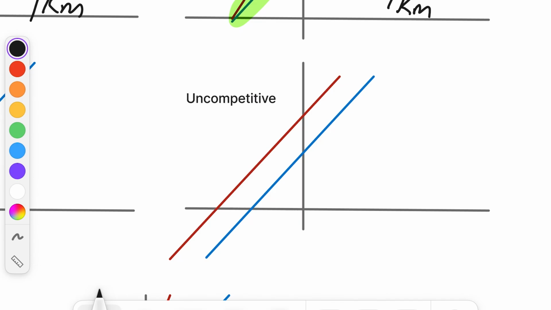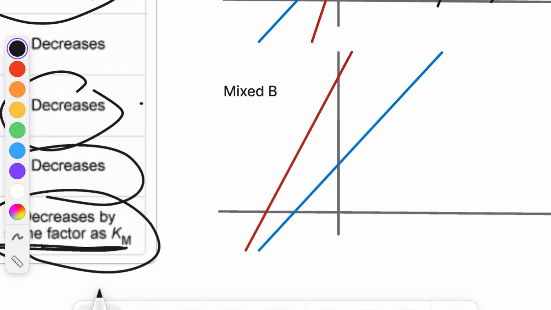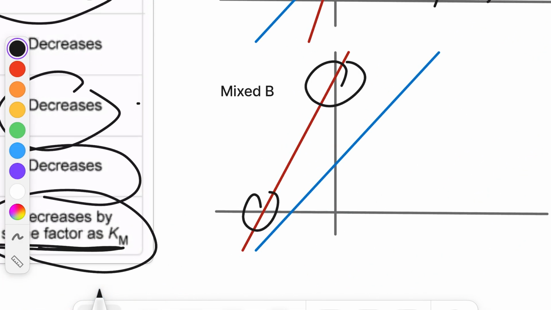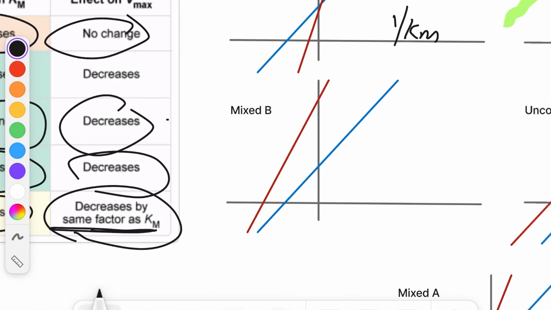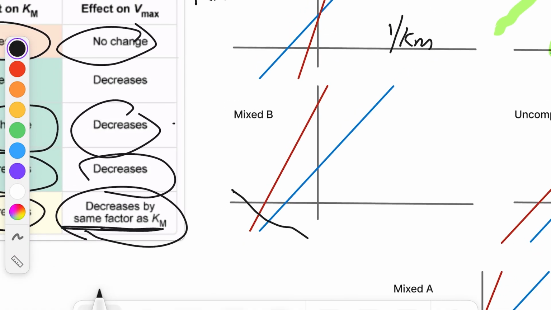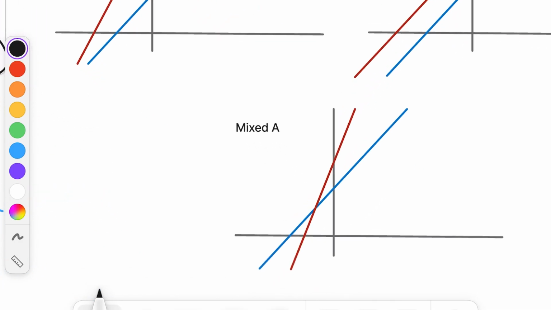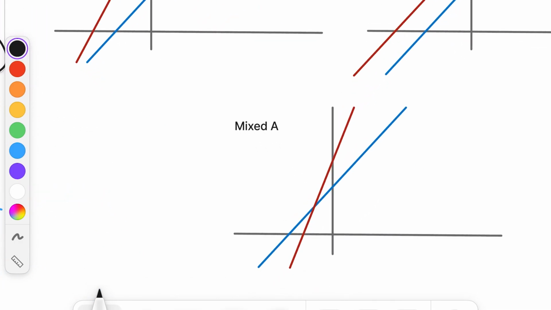So the Vmax is going to change by the same ratio that the Km changes. So uncompetitive never touches, but for mixed, it does not change by the same ratio. So they'll eventually intersect at some point. Okay, so that's kind of the tricky part between mixed B and uncompetitive. And like I mentioned before, mixed A is its own kind of unique one.